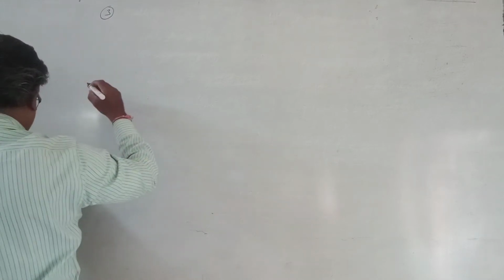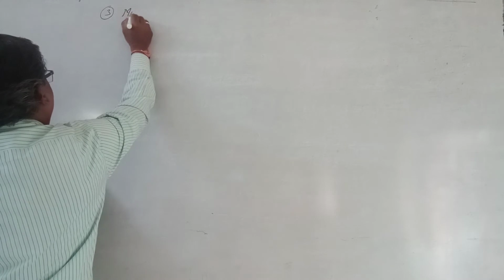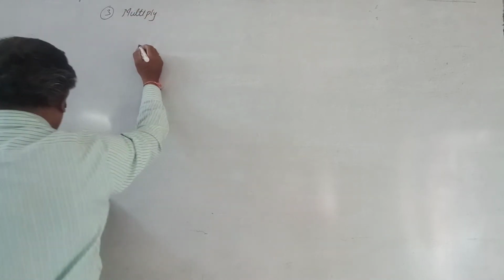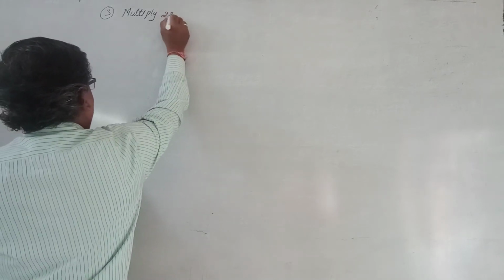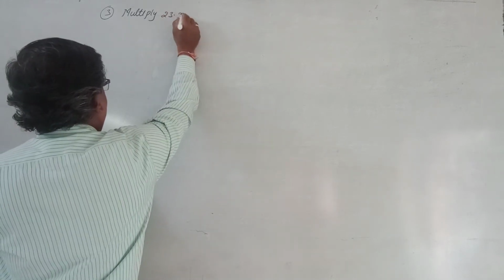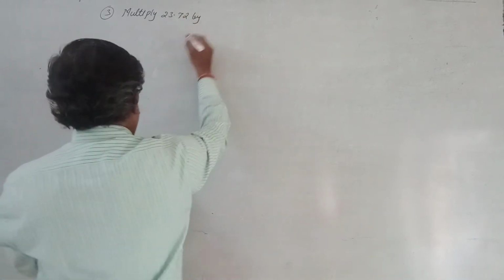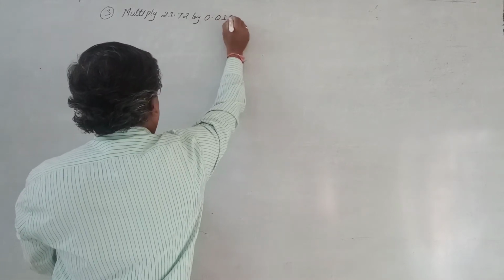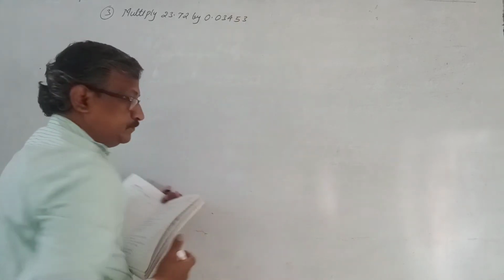Suppose the question is multiply 23.72 by 0.03453.